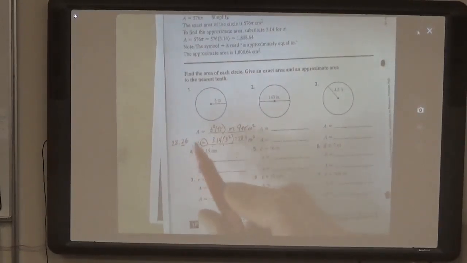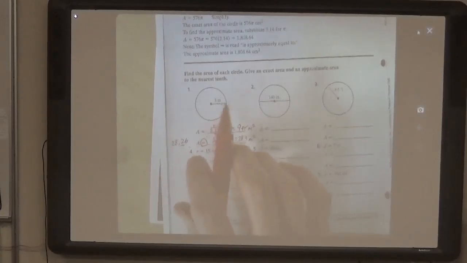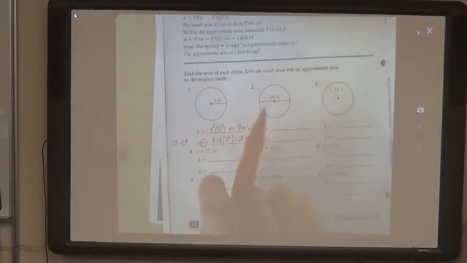Are you comfortable up to that point? 3.14 times 3 squared is 28.26, right? Yes. Okay, now it says round to the nearest 10th. You understand how we got to the nearest 10th? And the label, so you're comfortable with that one. Yes. So it is the equal one.